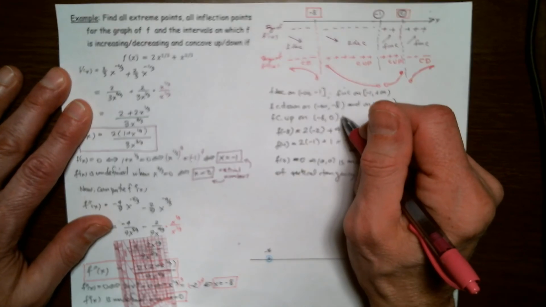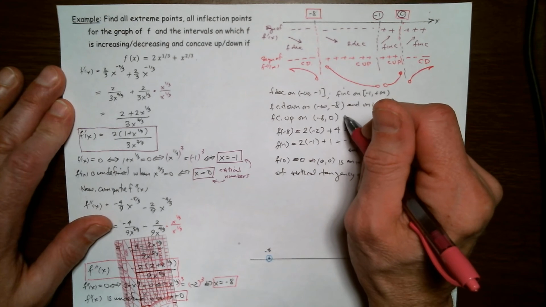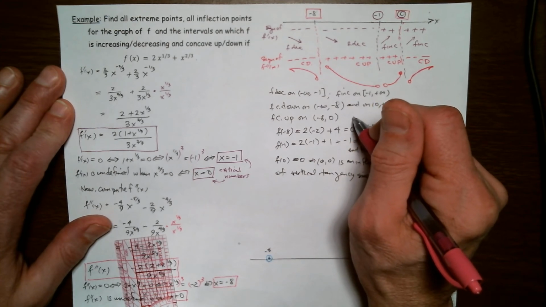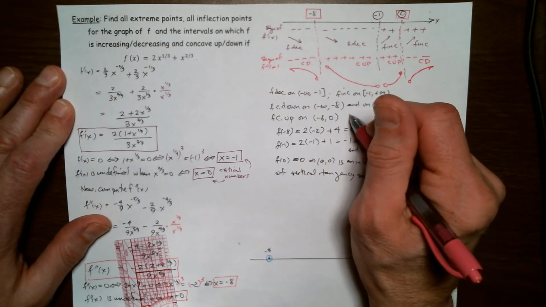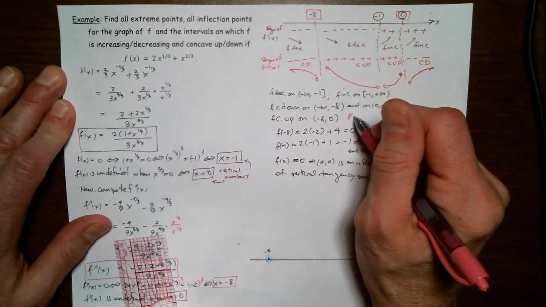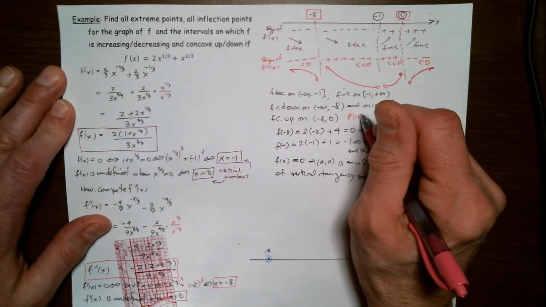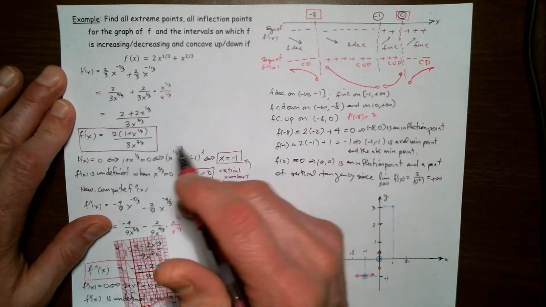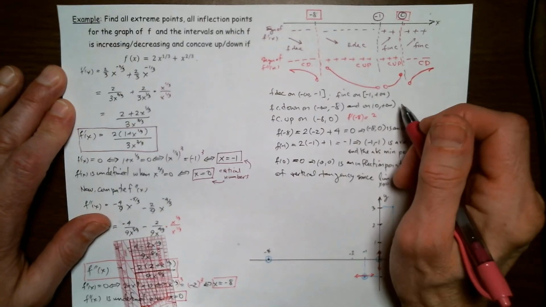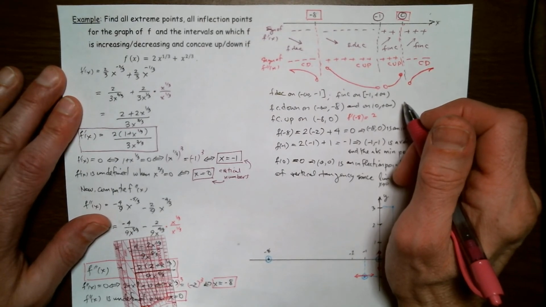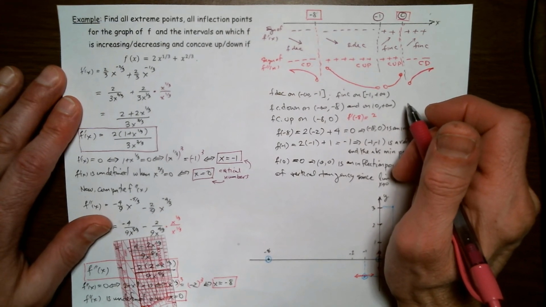And perhaps it would be valuable to determine the slope of the graph at the inflection point -8, 0. For that, the slope would be given by the derivative of f at -8. So let's fit it in here. f prime at -8 would be, by this formula, 2 times 1 plus the cube root of -8.